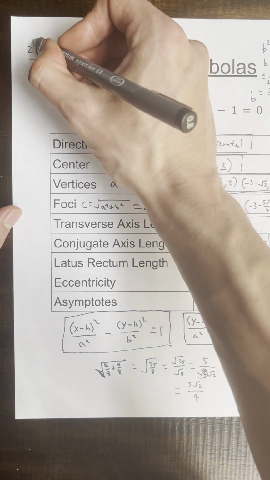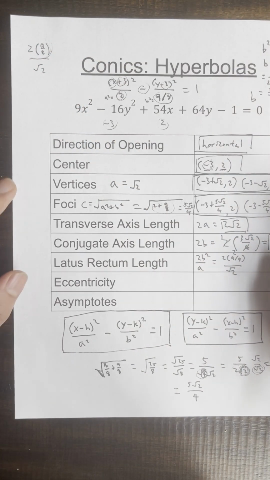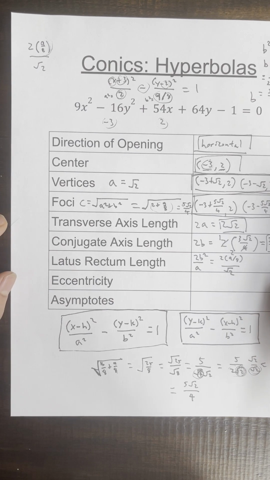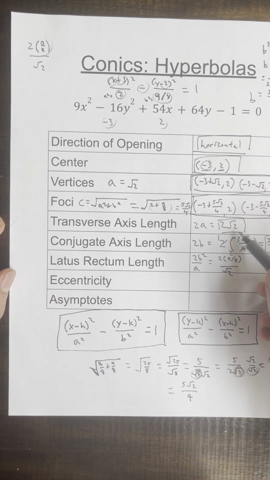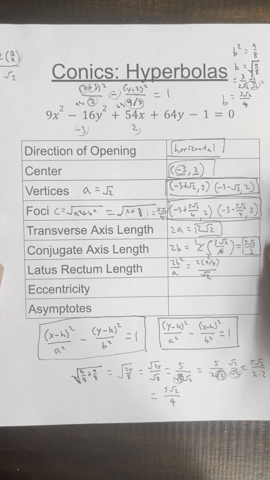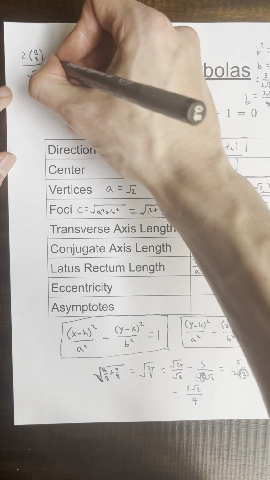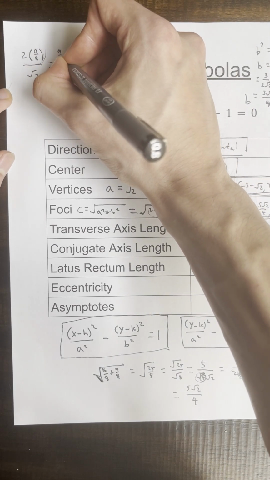So as practice, I'll let you pause the video and simplify this part. You just need to repeat my steps like what I did here. Okay, so the top is going to become 9 over 4, and then we're dividing by root 2.